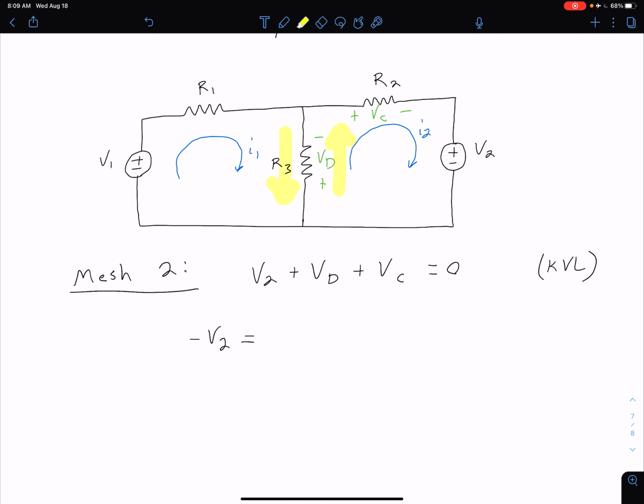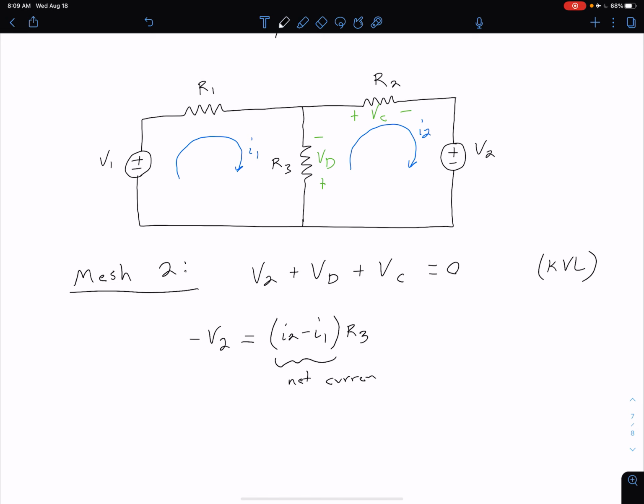In this case, because our VD is defined with that positive polarity at the bottom, the positive current that is being subtracted from is going to be our I2. So we can say I2 minus I1 times that resistance of R3. And so again, this is going to be our net current.